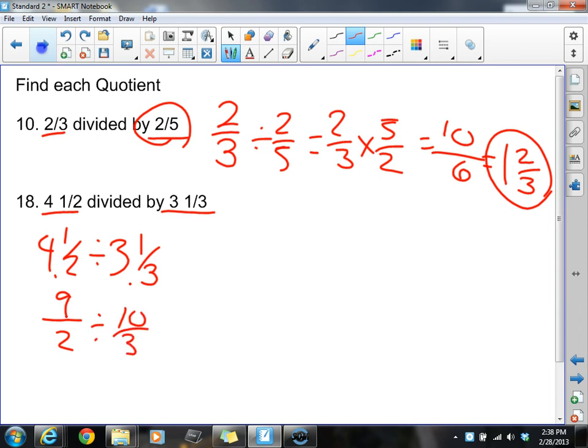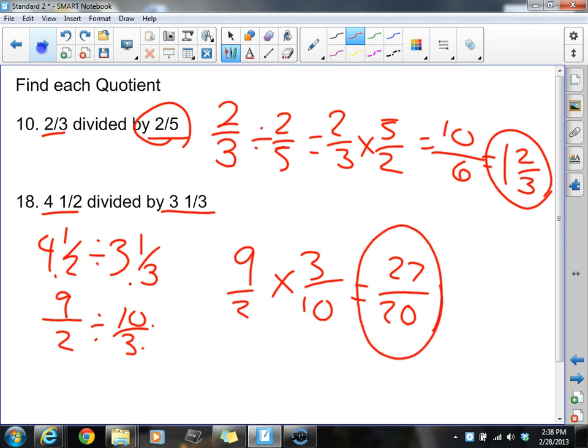Now we're going to reciprocalize this right here. So it's going to look like 9/2 times 3/10. And then we simply solve: 27/20. We cannot reduce that, so ladies and gentlemen, that is in simplest form. So that is multiplying and then dividing fractions.